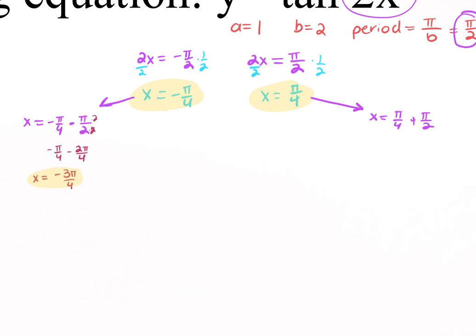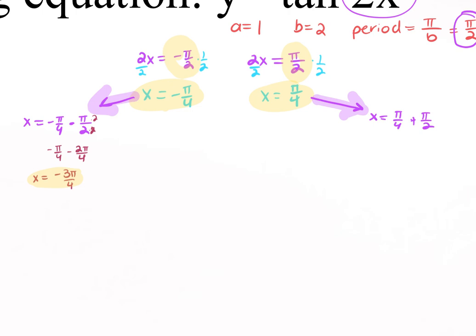Joey, how do you know which one to subtract by, which you add by? So I'm a visual person, so I tend to picture this process when I do it in my head. You don't have to do it this way. But if you always do the negative pi over 2 on the left and the positive pi over 2 on the right, you will always subtract from the negative pi over 2, and you will always add to the positive pi over 2.